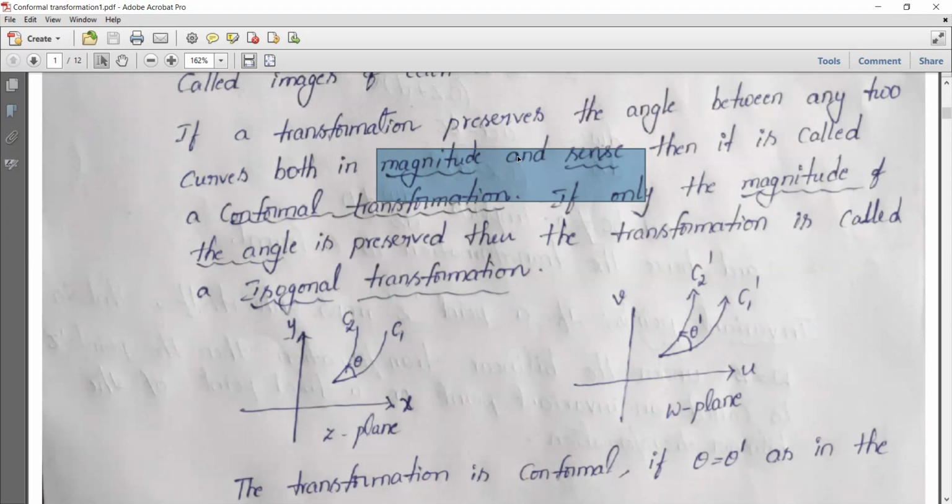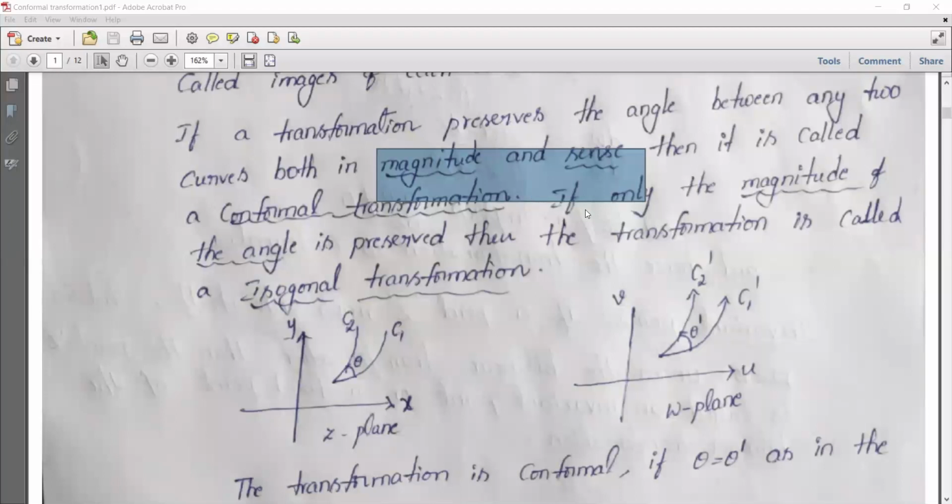So, when do we say one transformation is conformal? When the transformation preserves, holds its magnitude and sense, then we say that the transformation is called a conformal transformation.